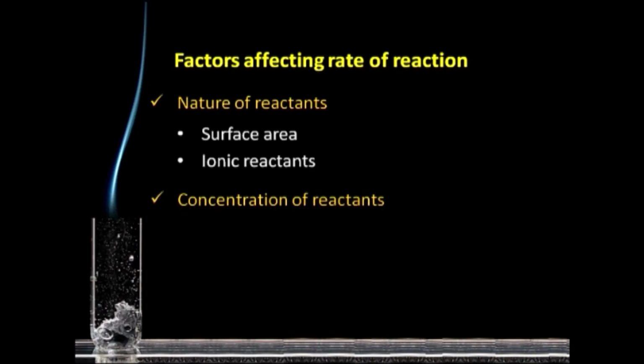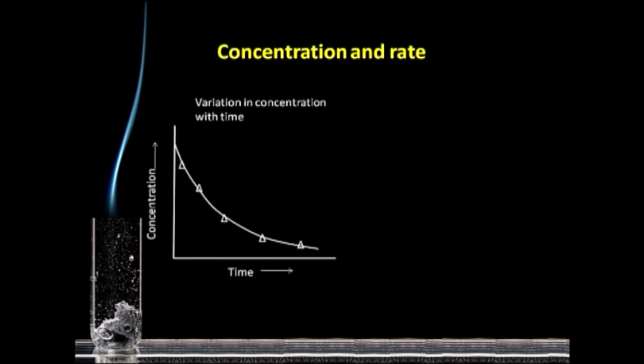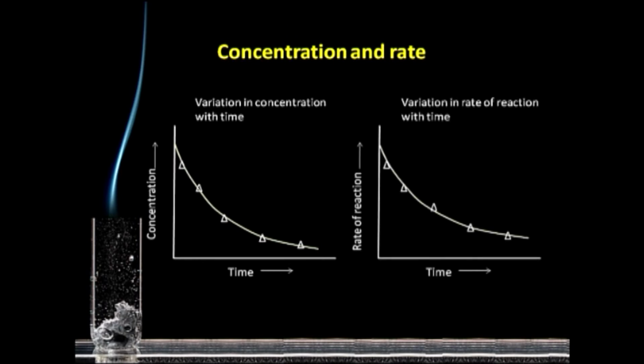Concentration of the reactants. With the increase in concentration, rate of reaction increases, or if the concentration decreases, the rate of reaction decreases. So, here we can look at, if you start the reaction, the concentration of the reactant goes down because the reactant is consumed, and naturally when the number of molecules available for reaction are less, the rate is going to be less.